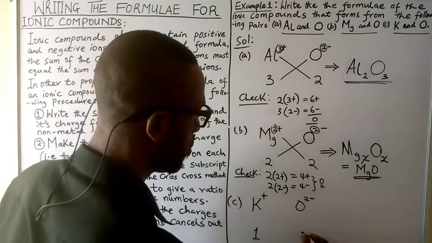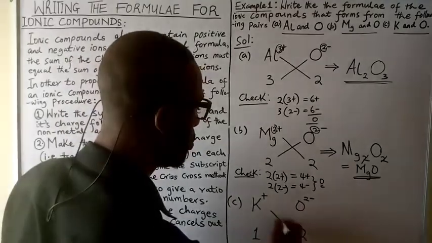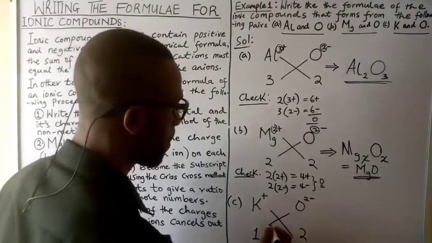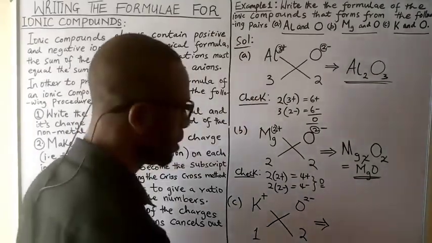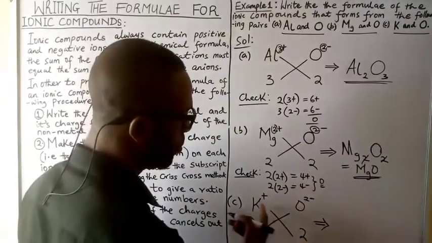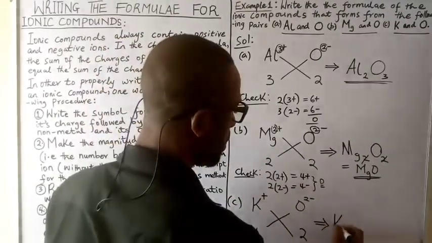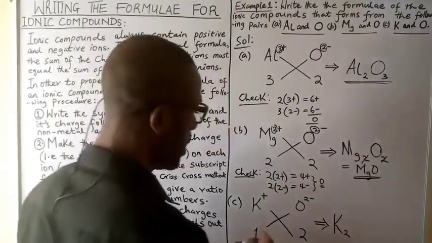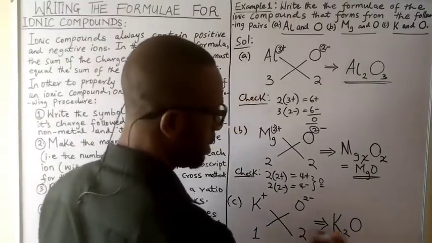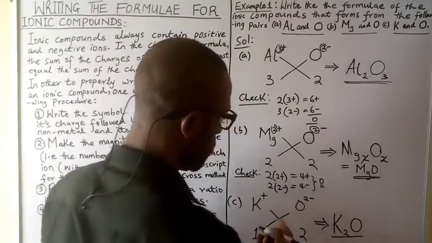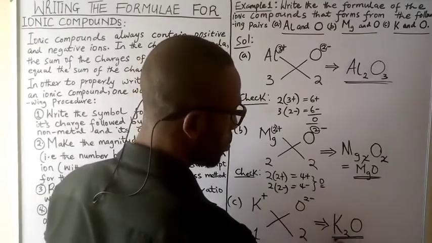What is the magnitude here? The magnitude is 2. You use the crisscross pattern and exchange them while you change those magnitudes into subscripts. So when you do that, you see that what comes here is now K2, and what goes here is what? O, because anything times 1 is 1. 1 goes into oxygen. This is what you have.